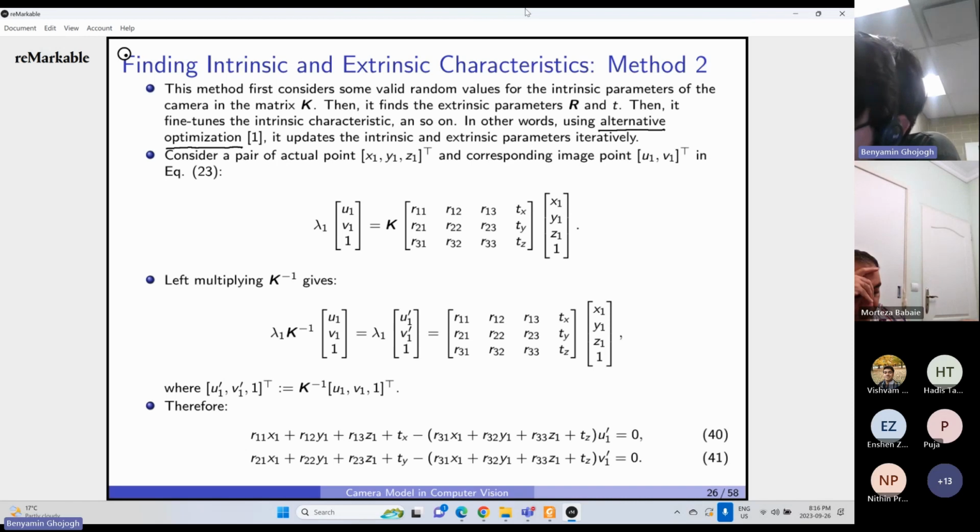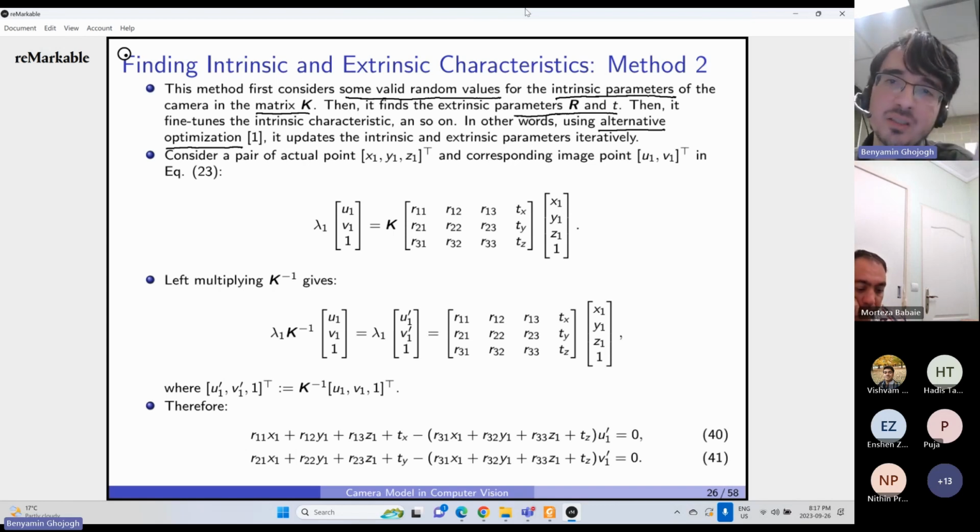Okay, so what do we do here? This method first considers some valid random values for the intrinsic parameters, the matrix K. Then based on that, it finds the parameters of R and T, the extrinsic parameters. Then next time, it assumes that the extrinsic parameters are fixed. Then it fine tunes the intrinsic parameters.